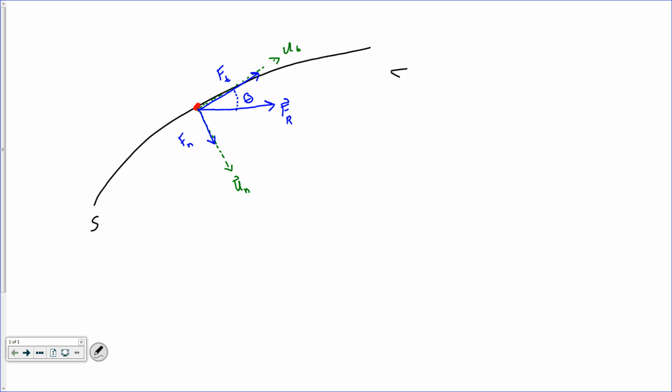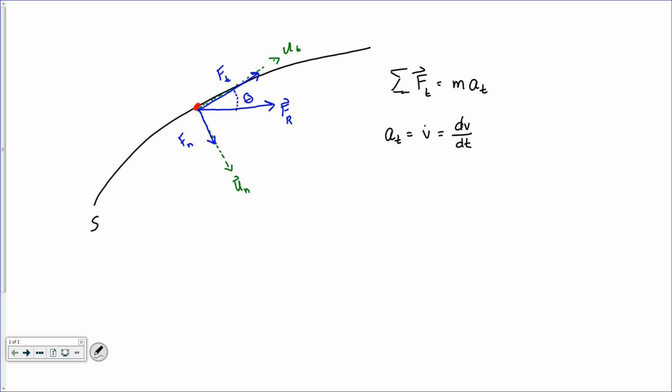Chapter 13 says that we can invoke Newton's second law, which says that the sum of forces in the tangential direction is equal to the mass times the acceleration in the tangential direction. Well, the acceleration in the tangential direction is equal to v dot, or another way to put that is dv/dt.